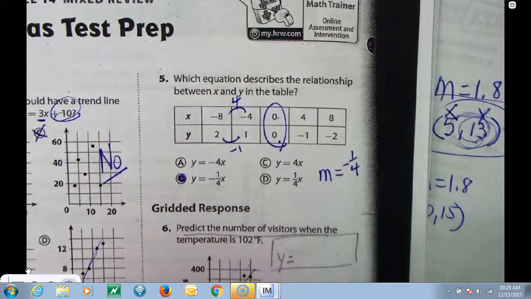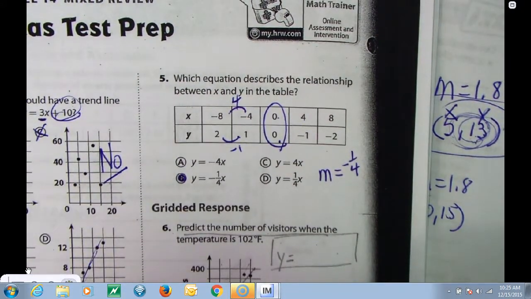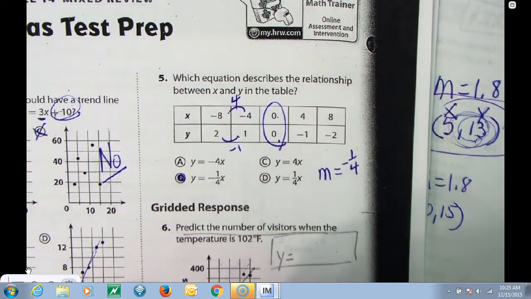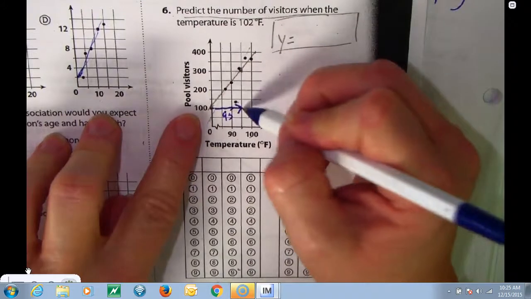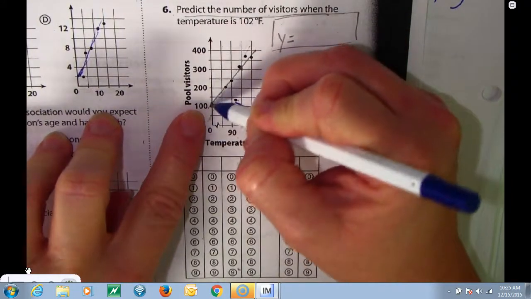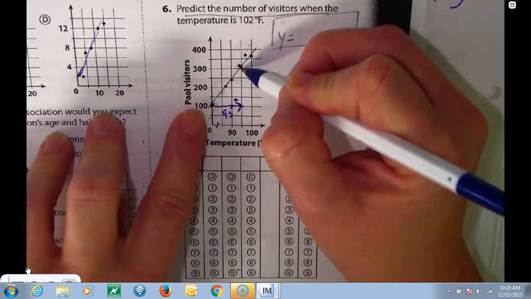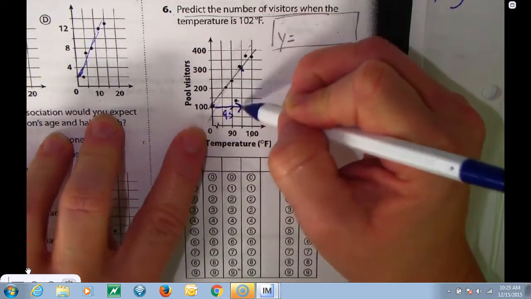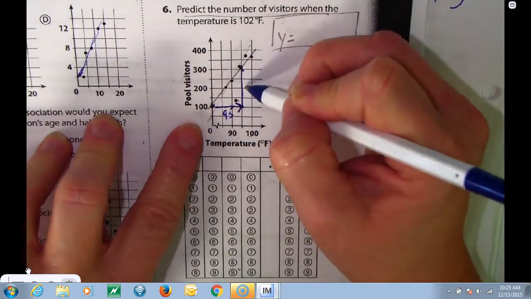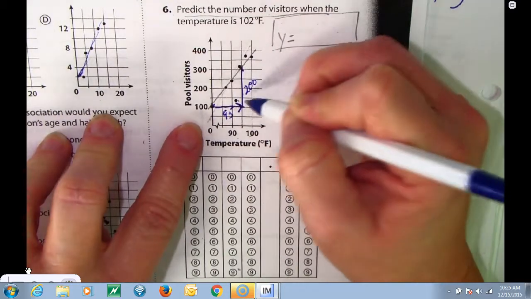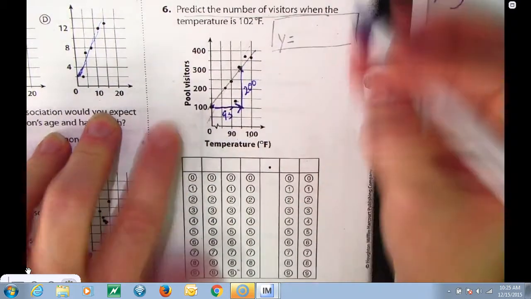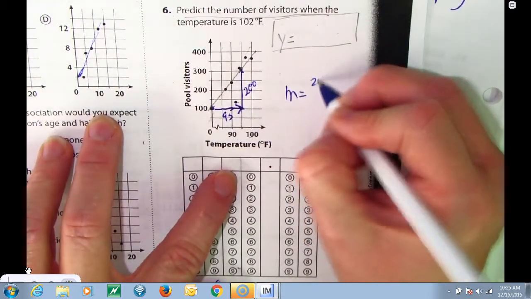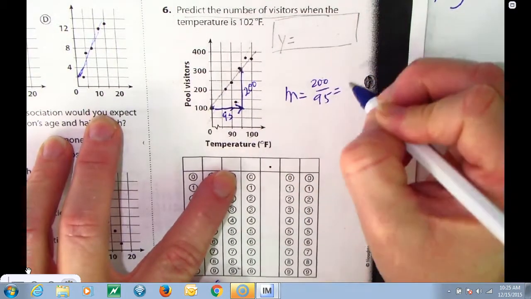We're going to go over how many? Isn't it 95? Over 95. You should have used these 2 points so we made sure it was on the line. And then it goes up how much? Isn't it 200? From 100 to 300. So that's going to be 200 over 95.